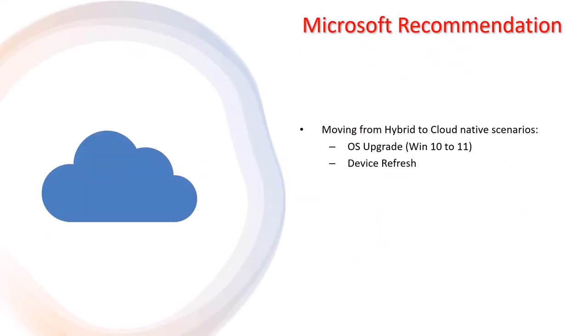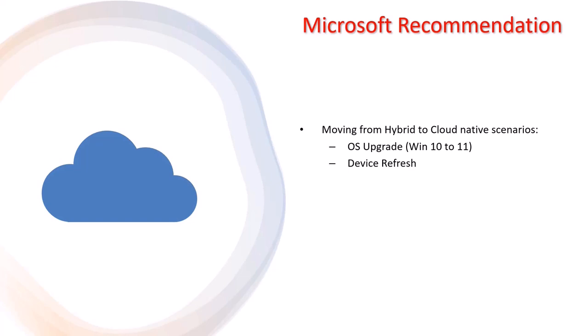All right. Now let us say that I am an organization and my organization has, let's say, 1000 devices, and all my 1000 Windows devices are currently hybrid Azure AD joined. Now, how did my device get hybrid Azure AD joined to begin with? We already know that.